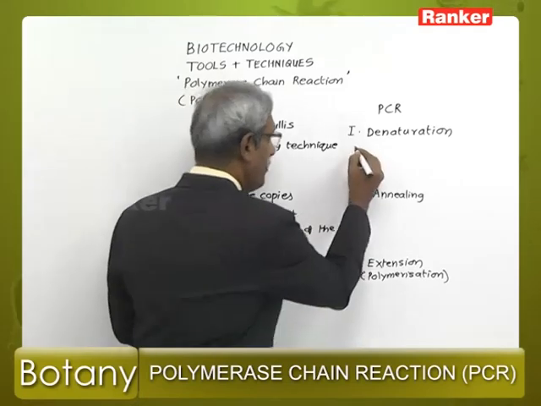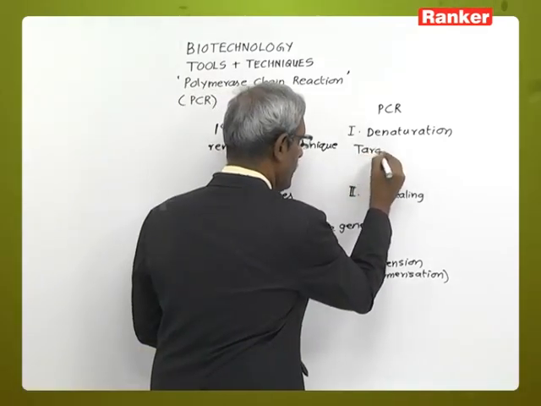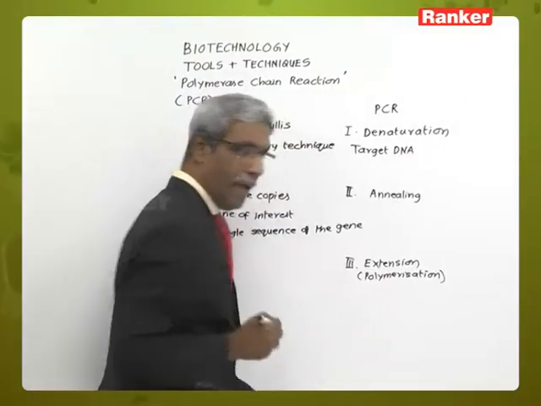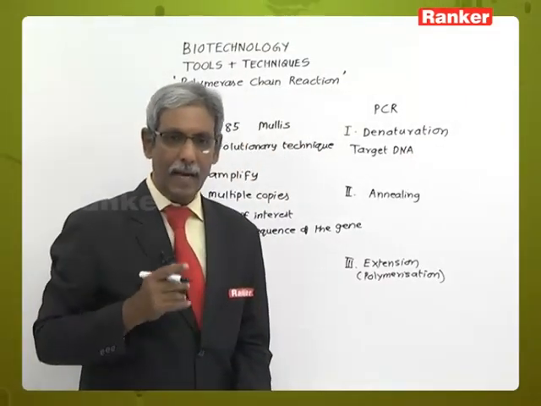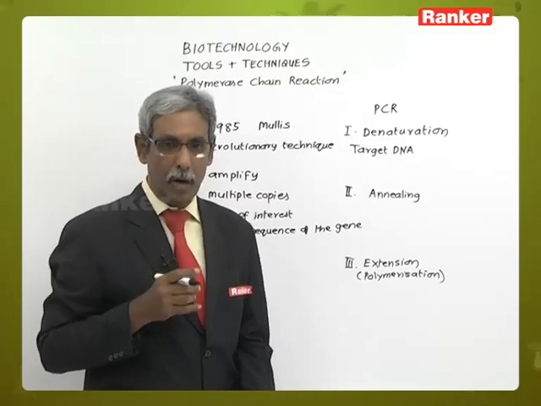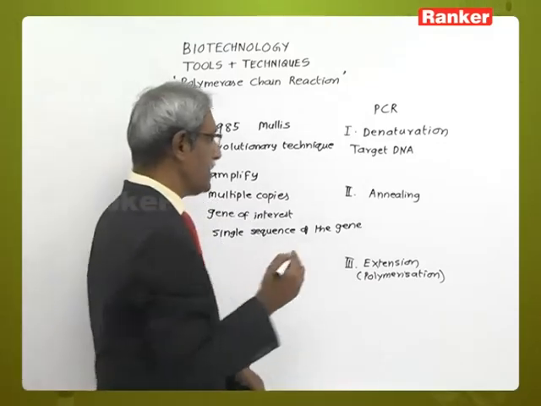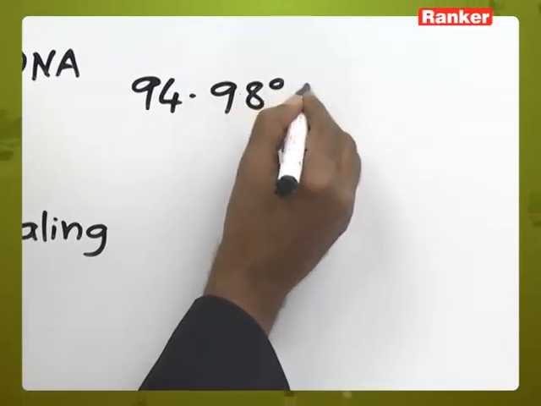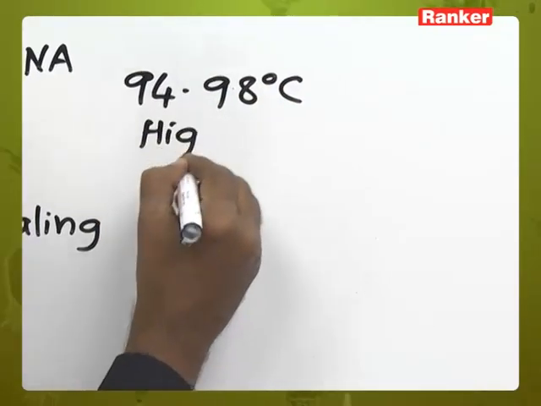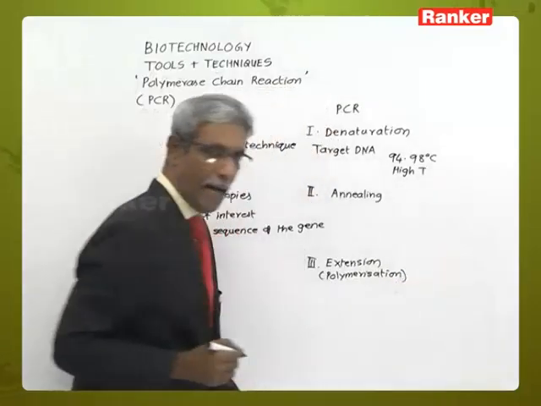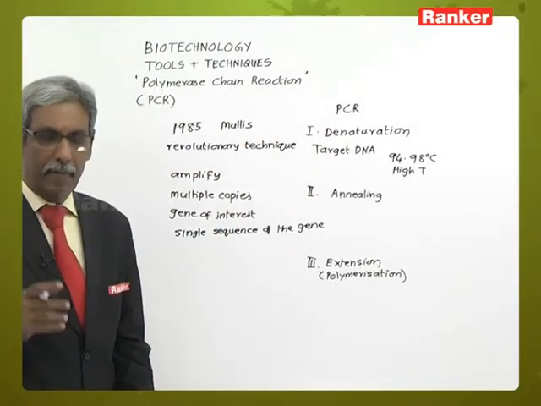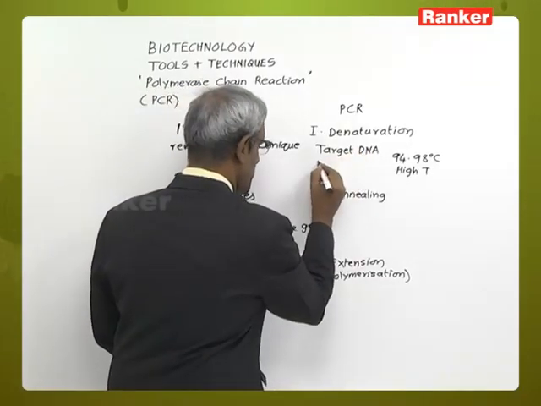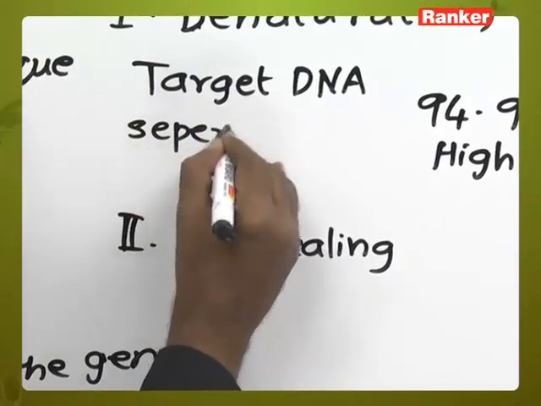Now we are into first, what is the meaning of the term denaturation of the DNA? That is, we have your target DNA, and at a very high temperature of 94 to 98 degrees centigrade, we would be separating both the strands of the DNA. So in denaturation there is separation of the 2 strands of the DNA.